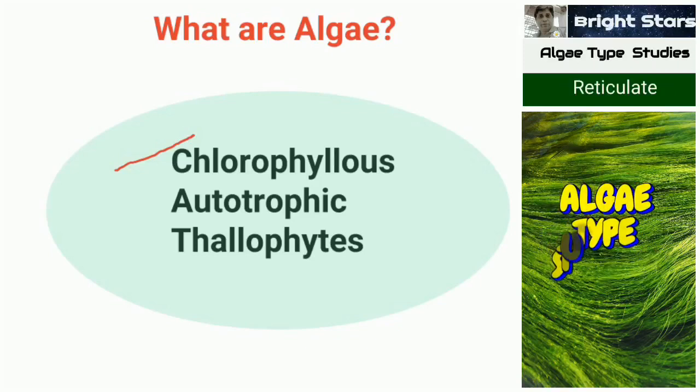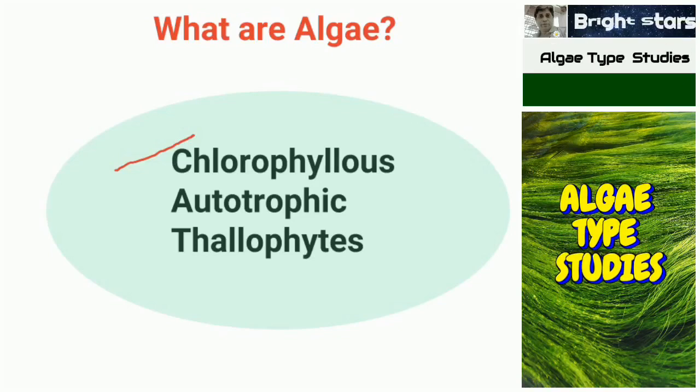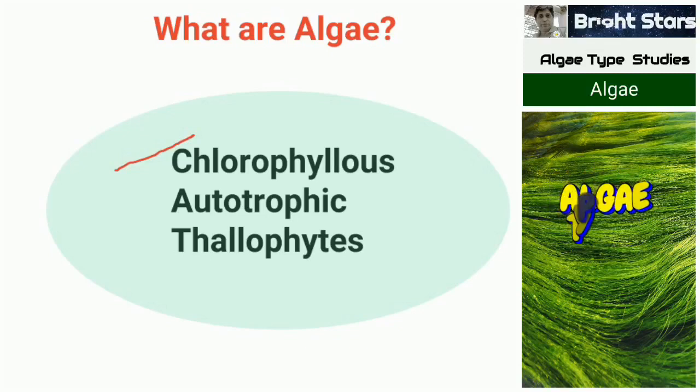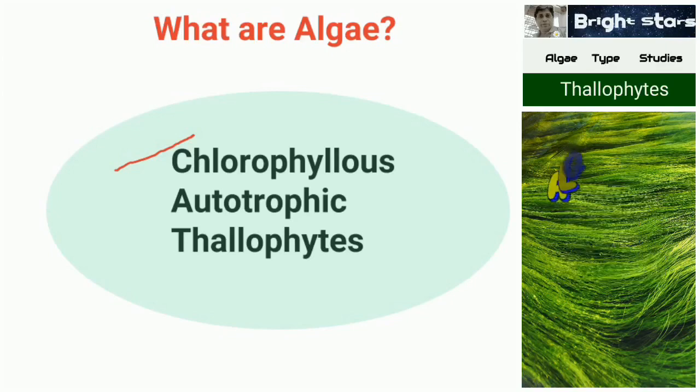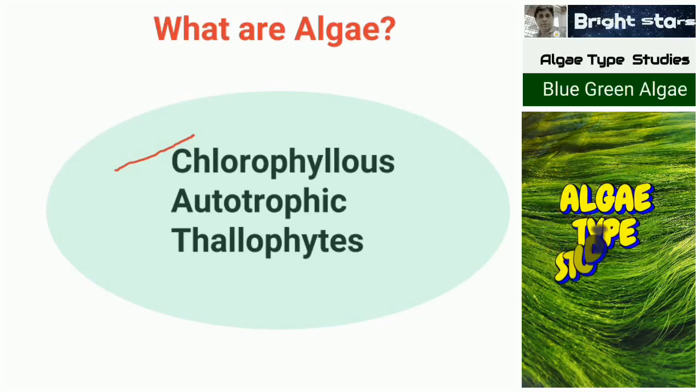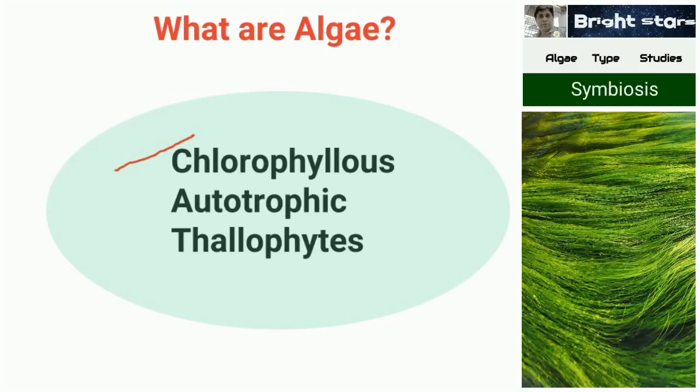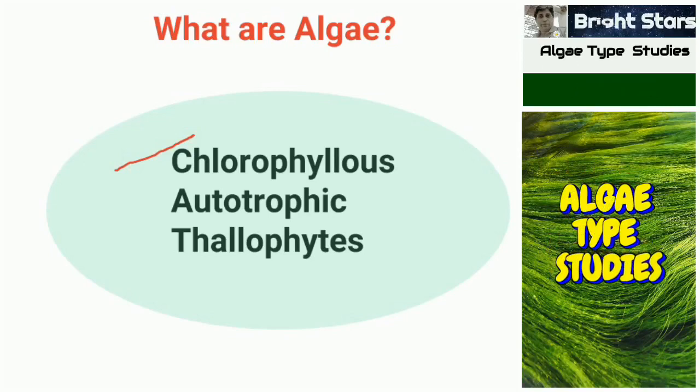If chlorophyll is present, then photosynthesis can be performed by these organisms. That's why we call them chlorophyllous organisms.